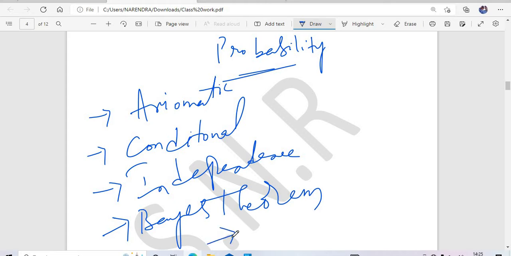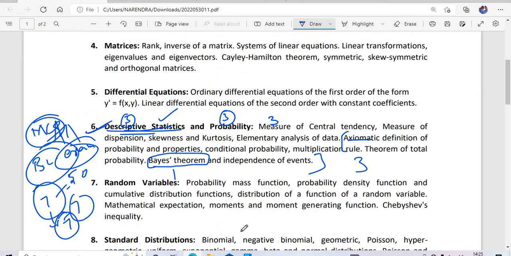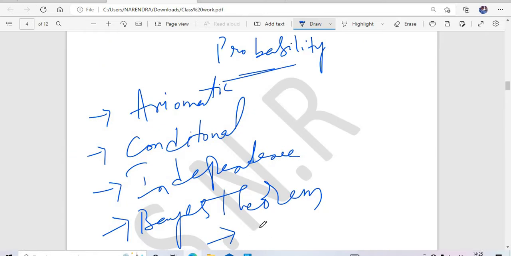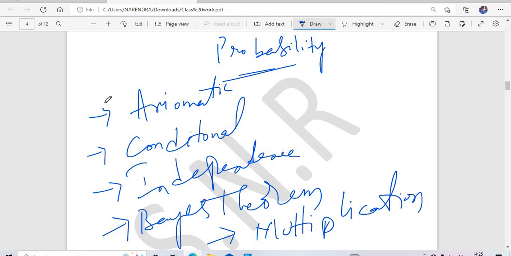Next we have the multiplication rule. So these five are the major important ones. First we see what axiomatic, conditional, independence, Bayes theorem, and the multiplication theorem are. Then we discuss which type of questions they will ask.